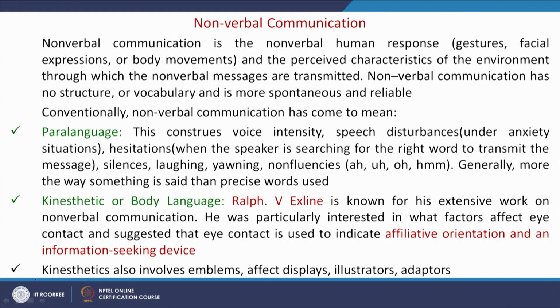Non-verbal communication has no structure, it has no vocabulary and it is more spontaneous and reliable. Maybe at one point of time in verbal communication the information can be twisted and the receiver can also trust that fake news, the twisted news. But non-verbal communication is very spontaneous and reliable.